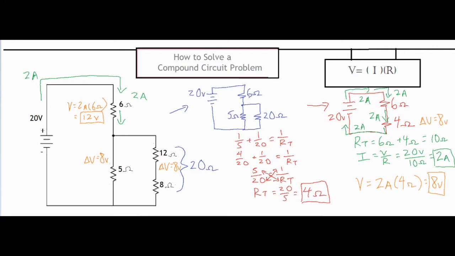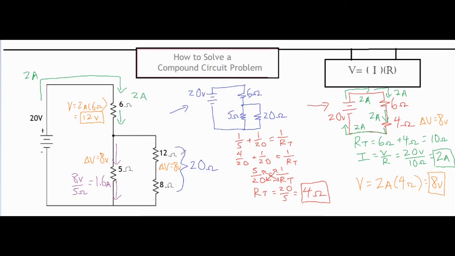And now from there, I'm able to solve for the amount of current that flows through each of those sections. The way I'm going to do that is just use Ohm's law again. And remember, if we want to find current, current equals V over R. So I can take V over R, 8 volts divided by 5 ohms, and that will tell me my current is 1.6 amps flowing through this portion of the circuit.